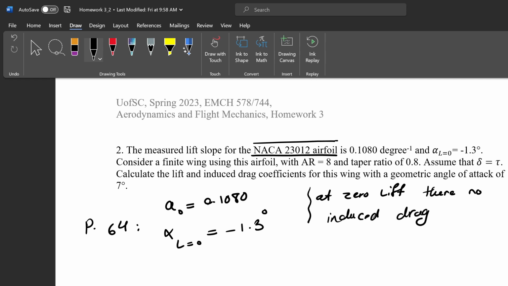Okay, what else? We are also told to consider a finite wing using this airfoil with an aspect ratio of 8 and a taper ratio of 0.8.